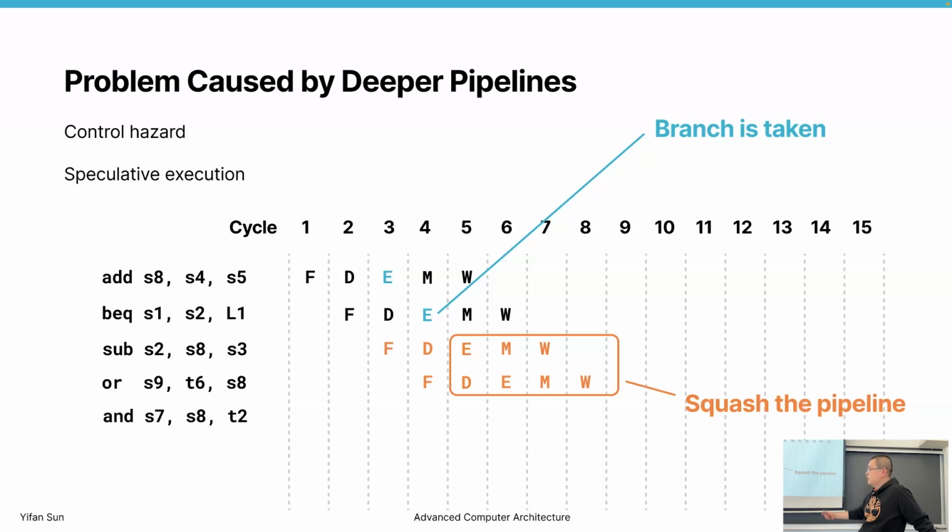Okay, so you think here squashing the pipeline is just resetting a few registers, but if you consider the core is getting complex and there are so many corner cases, it's a really complex mechanism, and requires a lot of extra circuit logic to perform this operation.